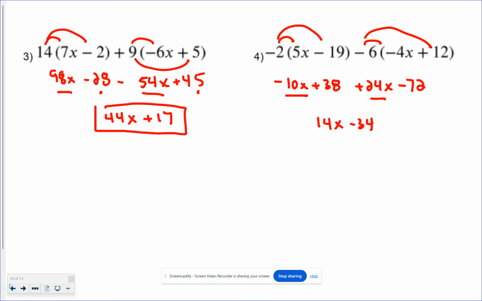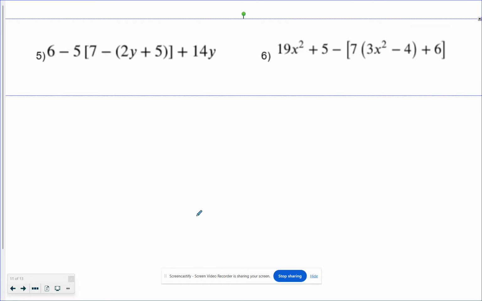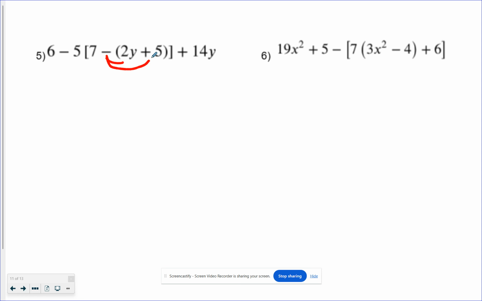Okay. And then for this next one, we have multiple grouping symbols. So I'm going to take that minus sign and put it through the parentheses. So you got 7 minus 2y minus 5. When you do that, you end up with negative 2y plus 2.